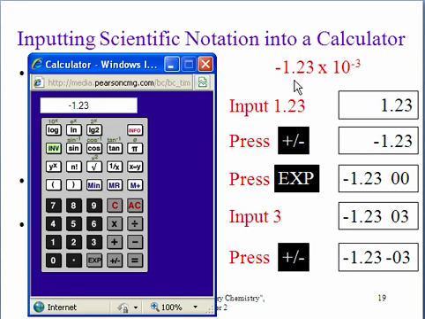Then what you want to do is you want to input the exponent. Now the way that is written, we have this times here. You never want to input this times when you're using the exponent or the EXP key, because it takes that into consideration.